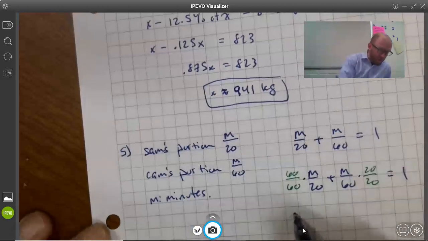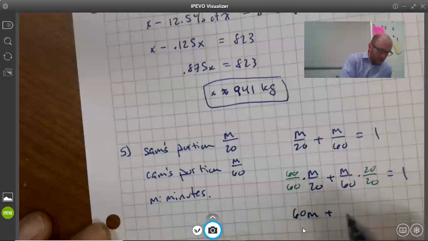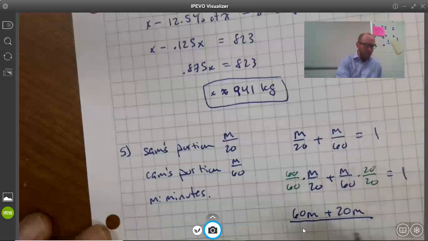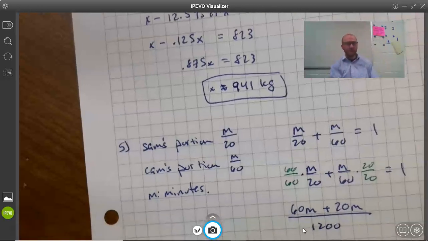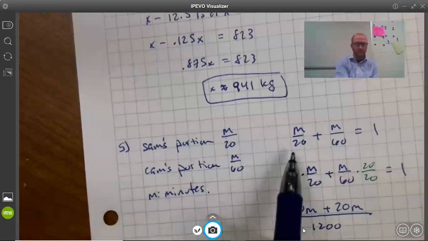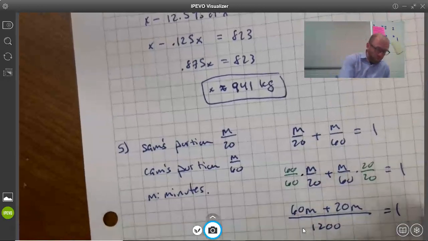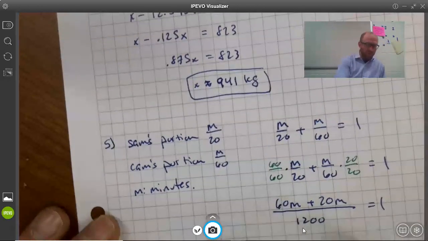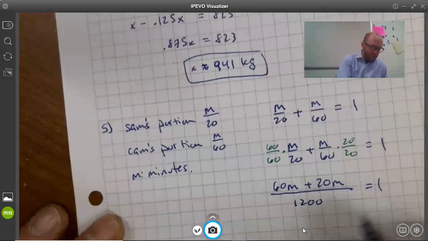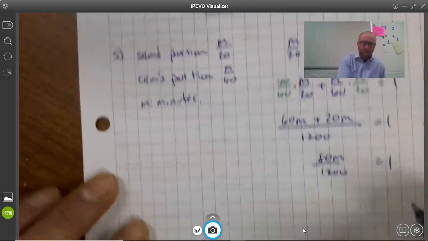So then we get 60M plus 20M over 20 times 60, which is 1200. Now we could have just done this over 60 because I could have just multiplied this one by 3, but if you had to, you can always go this route. Equals 1, so I'll multiply both sides by 1200. Well, actually, let's combine like terms first. So I have 80M over 1200 equals 1.